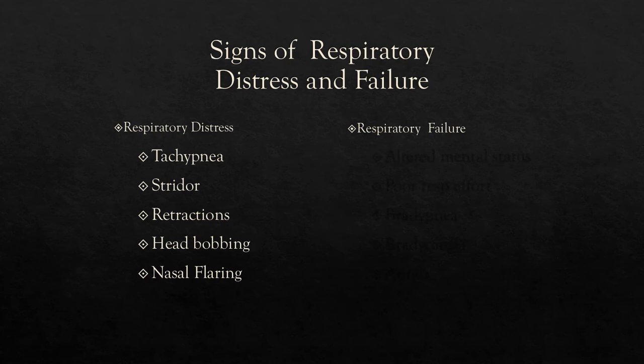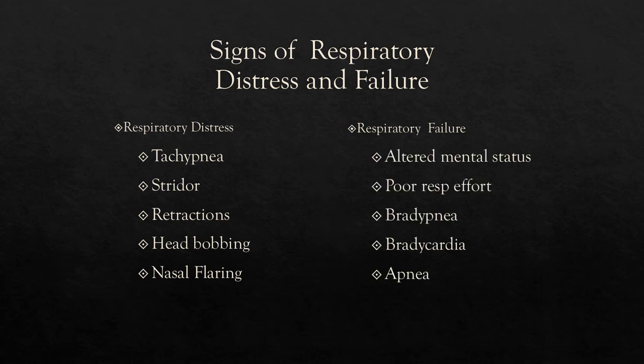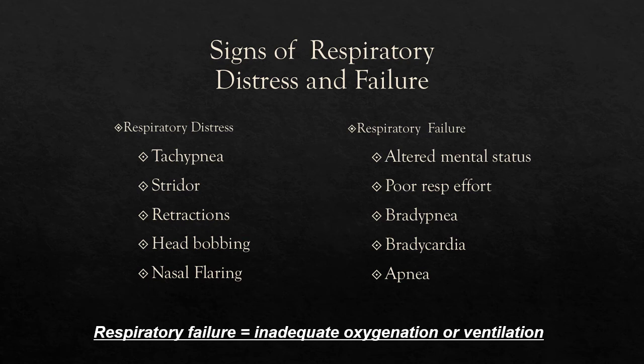Hypoxia alone does not constitute respiratory failure unless the patient remains hypoxic despite your interventions. When a child has respiratory failure, you may see altered mental status, poor respiratory effort, slow breathing, low heart rate, and apnea. Respiratory failure equals inadequate oxygenation or ventilation.